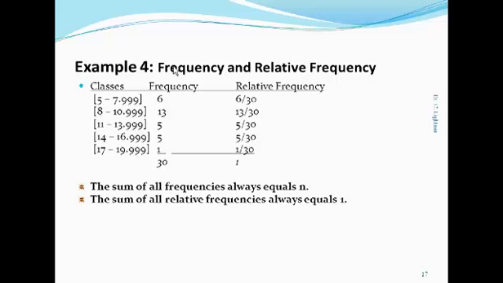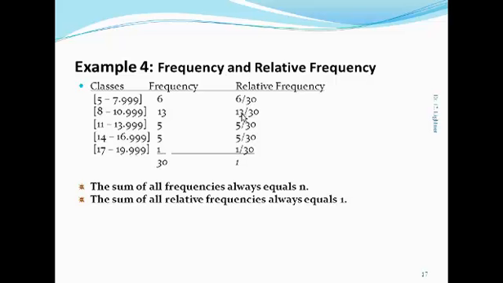Once we have our frequency distributions, we can then compute our relative frequency distribution. Recall, our relative frequency for a class is just the fraction of all values in our data set that falls within that class. Our relative frequency for the class 5 to 7.99 is 6 divided by 30.